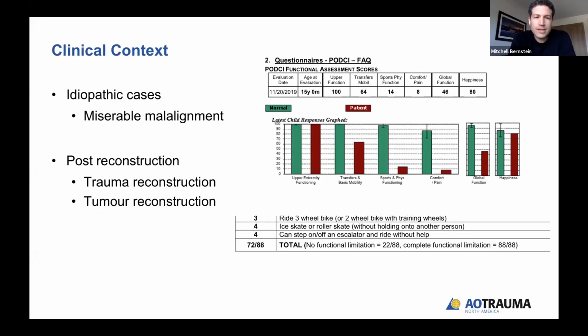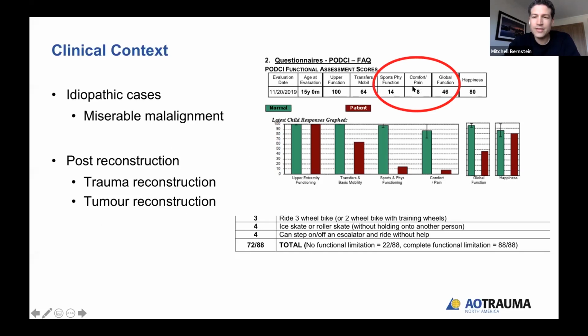So, clinical context. These are some outcome scores on a patient who has miserable malalignment. And you can see here, this patient's clinical outcome score is quite disabled. 100 is normal. In their sports function, 14. So these patients are not doing any sports.